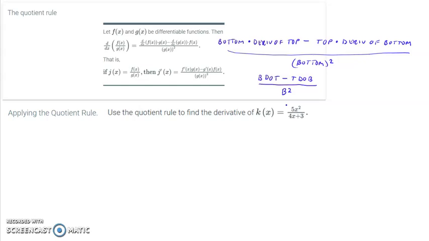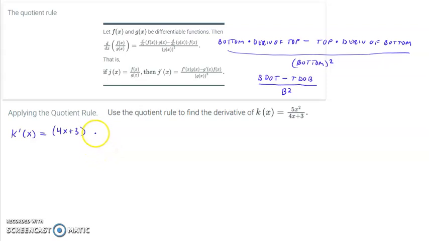So let's go ahead and take a look at this function. We have k of x equals 5x squared over 4x plus 3. And we want to find k prime of x using our quotient rule. So we're going to take our bottom function, which is 4x plus 3, and keep it just like it is.